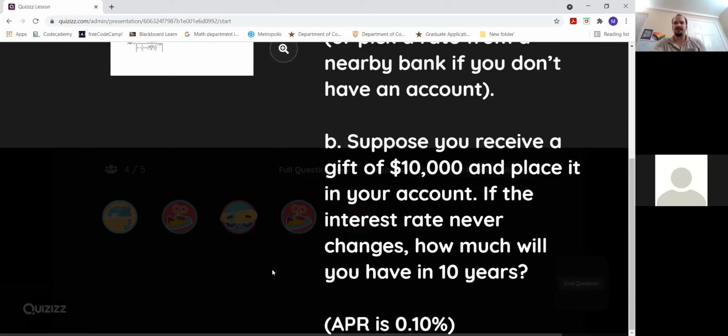Okay, so this should be all the information you need, right? Principal of 10,000. The number of years is 10. The number of times it's compounded is monthly, or 12.